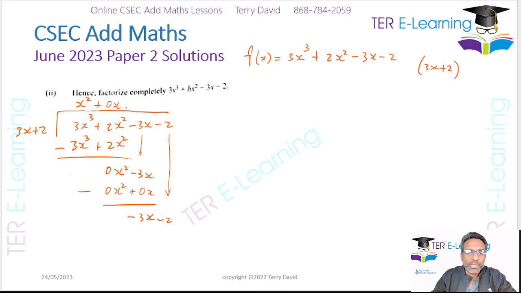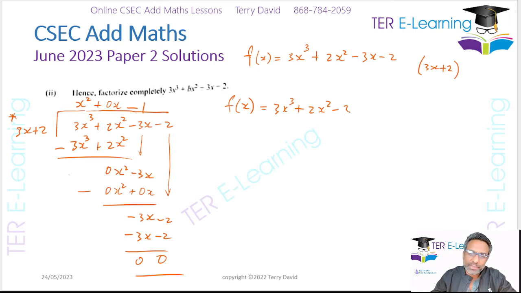And therefore, what's coming next here is going to be minus 1, because minus 1 by 3x plus 2 will give me this, right? And then you must get a remainder of 0 because this here was a factor. So therefore, that function f of x, which is 3x cubed plus 2x squared minus 3x minus 2, because of what we just worked out there, we can see that it can be written as a product of 3x plus 2 multiplied by this quotient on top here, right?